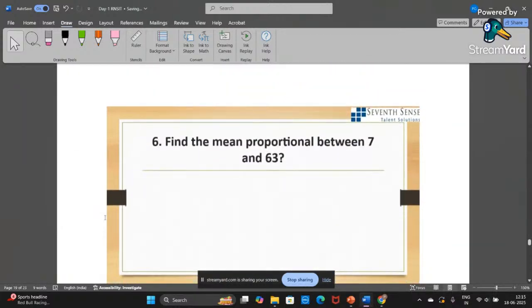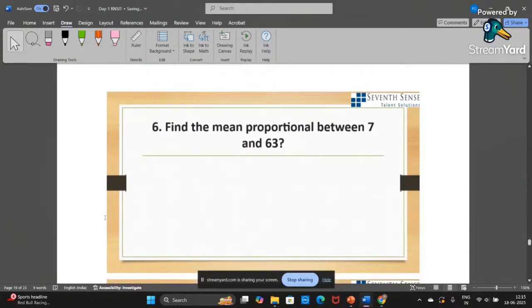Okay, next one. Find the mean proportion between 7 and 63. So what is mean? Mean between two ratio.